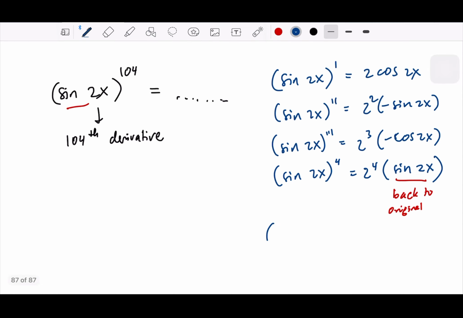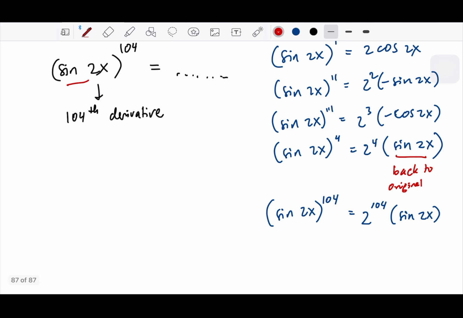So when we have the 104th derivative of sine 2x, 104 is a multiple of 4, it's also divisible by 4. So we know that this will turn back. The sine becomes the original one. So this will be our answer.